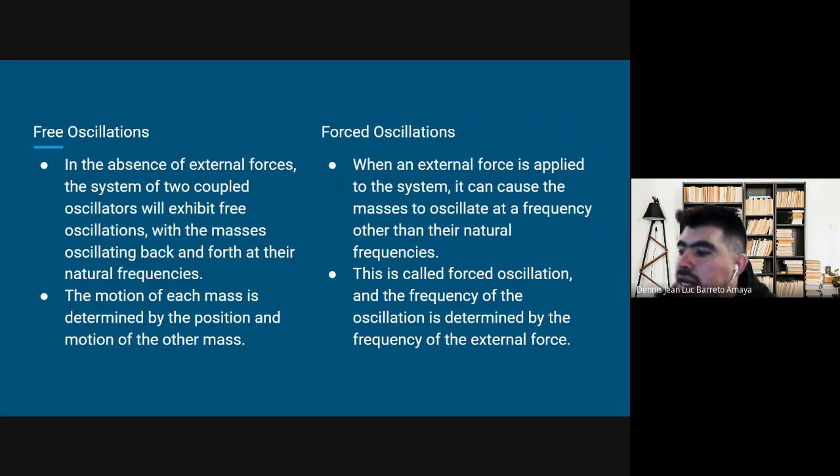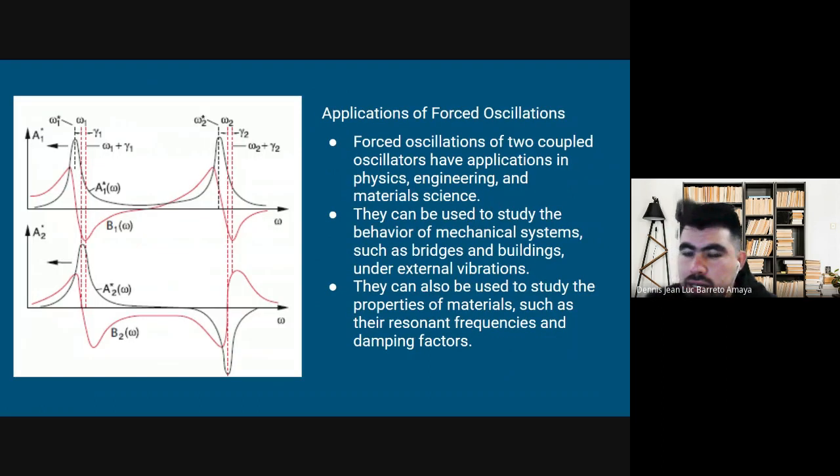This is forced oscillation, and the frequency of the oscillation is determined by the external frequency. Forced oscillation of the two coupled oscillators has applications in physics, energy and materials science. It can be used to study the behavior of mechanical systems and bodies under external vibration. It is also used to study the properties of materials, such as the resonance frequency and the damping factor.